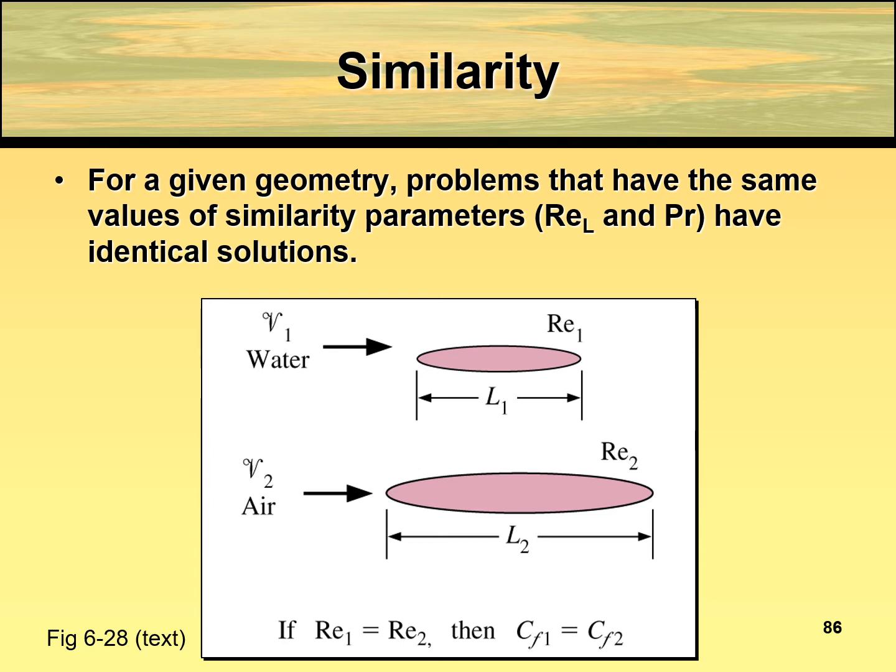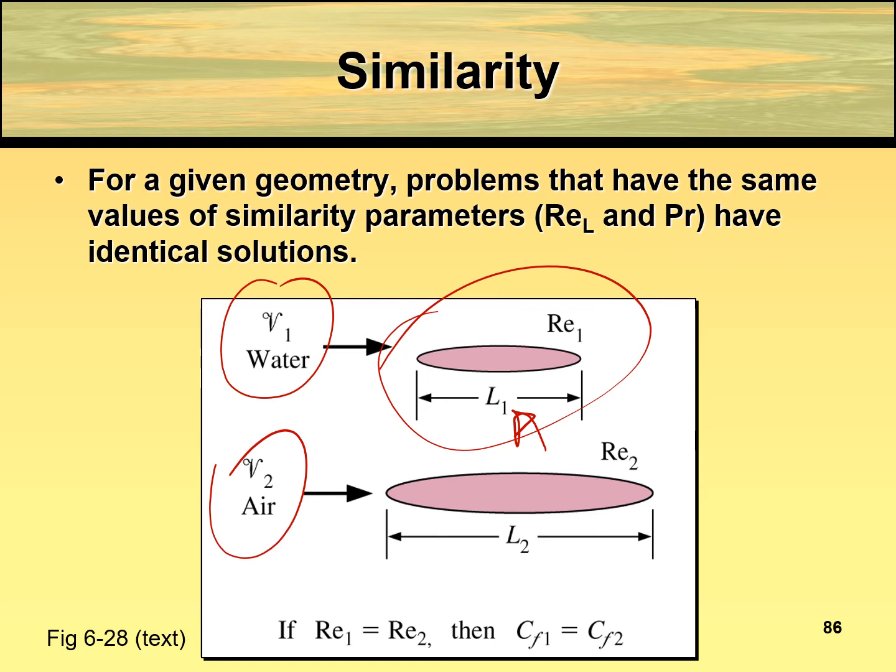Okay, for example, if you want to scale from the actual condition that uses air, and then you want to scale down by using water, and then have smaller physical dimensions, and the Reynolds number is maintained.